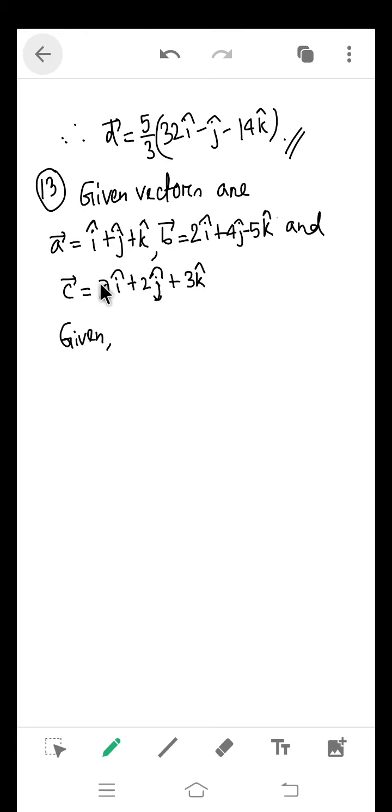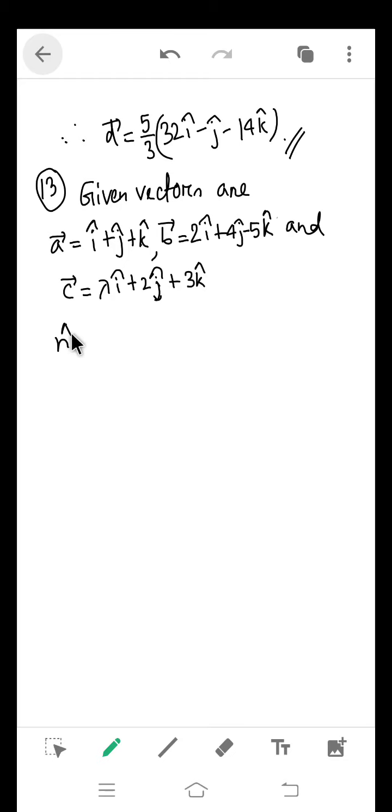The scalar product is 1, then what is the value of lambda? इसका मतलब हमको पहले b plus c निकालना होगा और you have to find a unit vector along b plus c. unit vector along the sum of b and c.